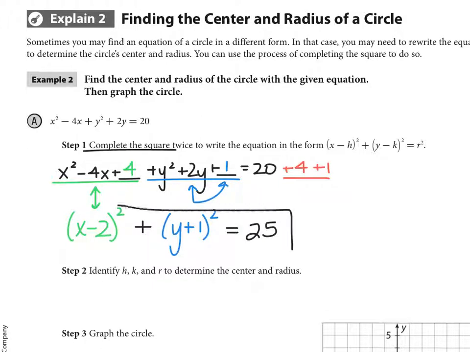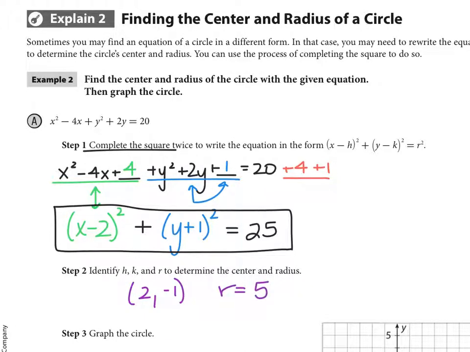I did all that just to rewrite my equation. Now that I've done that, it should be pretty simple to answer the important parts. From that form, I can tell that the center is going to be at (2, -1), and that the radius is going to be the square root of 25, or just 5.